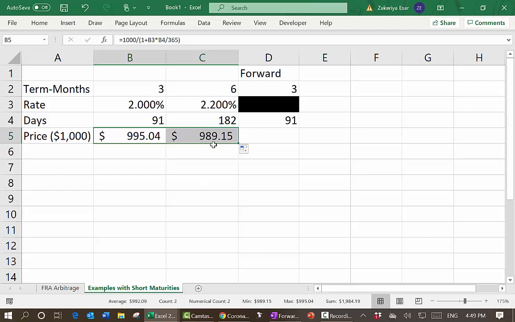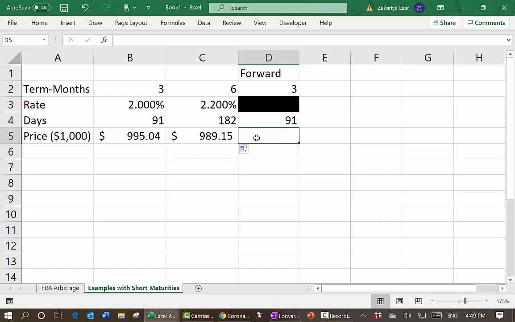Now, as we have seen in the theory part, for the forward rate to be right, the price of a discount bond that is in the future, which means you're going to pay a certain amount 3 months from now, and 6 months from now you will get $1,000, is calculated by multiplying 1,000 by the ratio of the longer term bond price and the shorter term bond price.